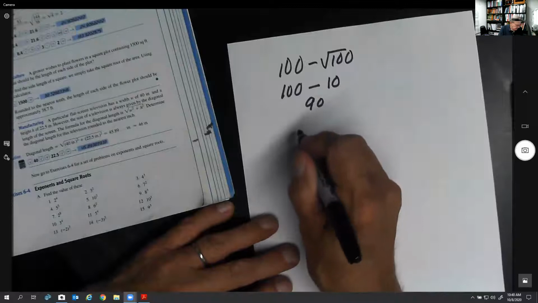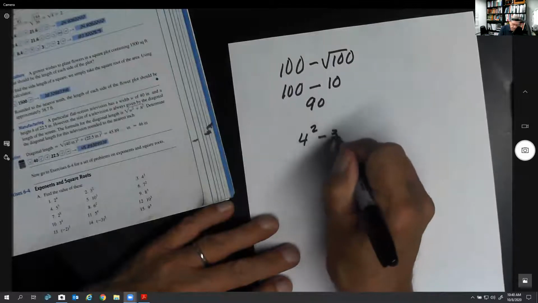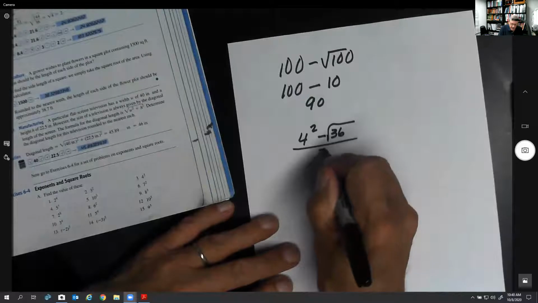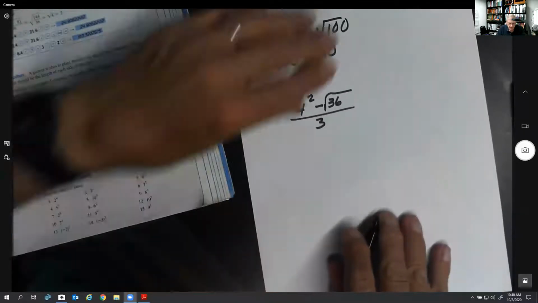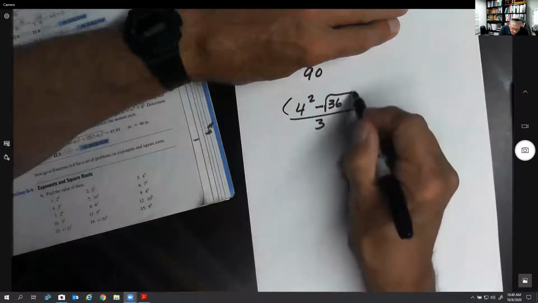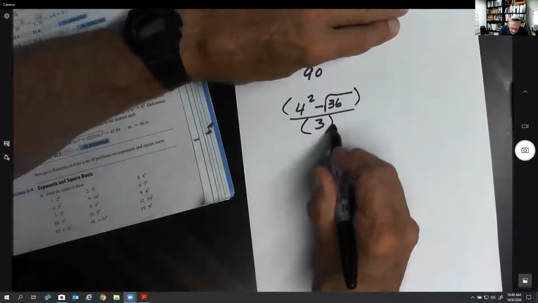Okay, here's one that's pretty hard. I'm going to do this without a calculator, and then I'm going to do it with a calculator. So what we're going to do is calculate the numerator, and then we're going to divide it by the denominator.